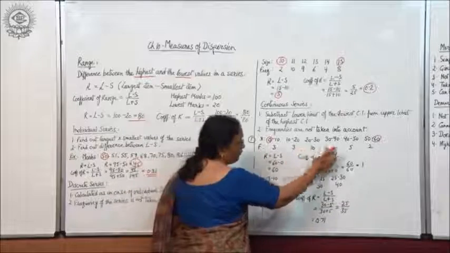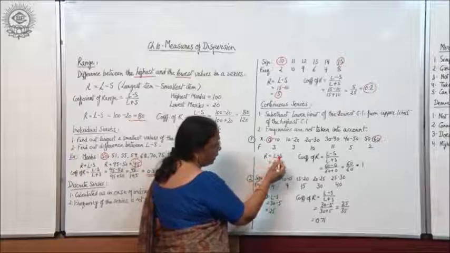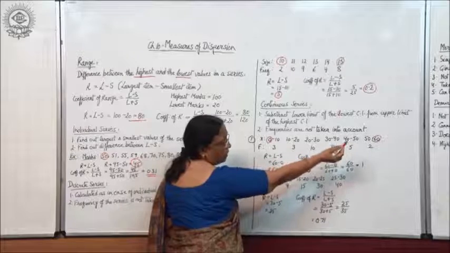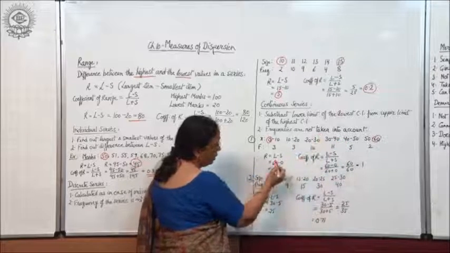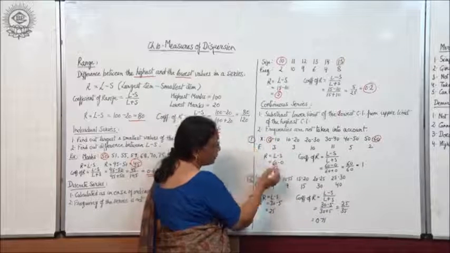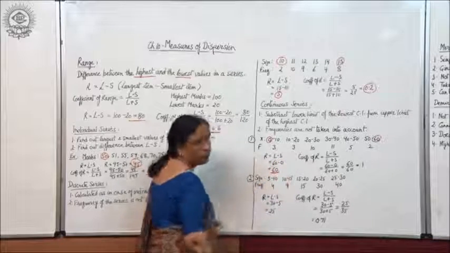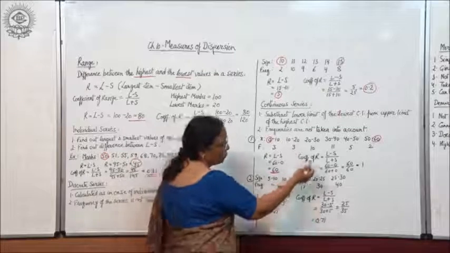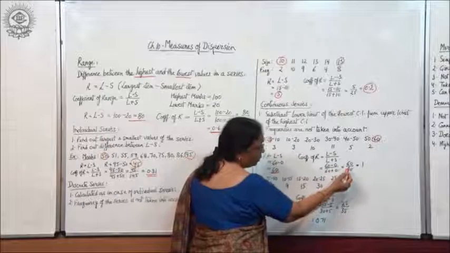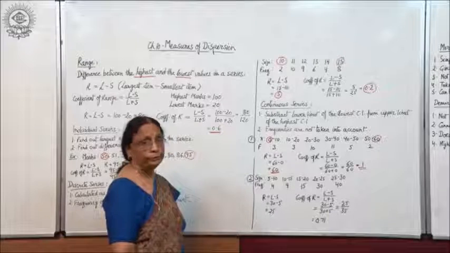So, again you are not taking frequencies into account. R is equal to L minus S. L is the largest, that is the upper limit of the largest class interval. S is the lower limit of the smallest class interval. So, L is 60, S is 0, range is 60. Coefficient of range is L minus S upon L plus S, 60 minus 0 upon 60 plus 0, 60 upon 60 is equal to 1. This is the coefficient of range.